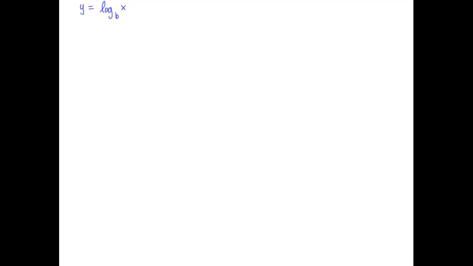You have this thing called the change of base formula. You might remember it from pre-calculus. But change of base essentially just allows you to change any base logarithm to any base that you want.